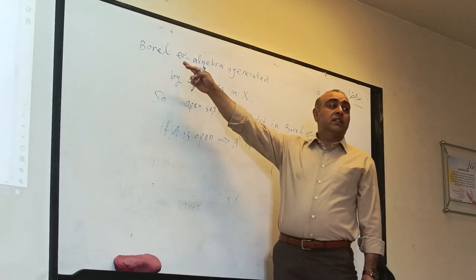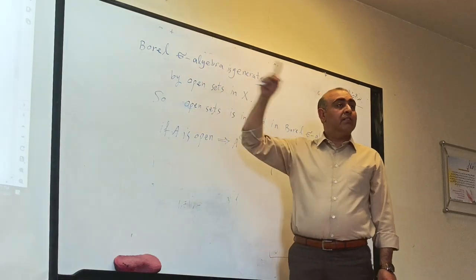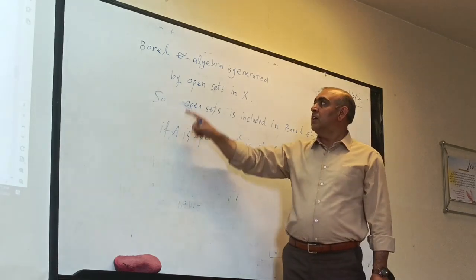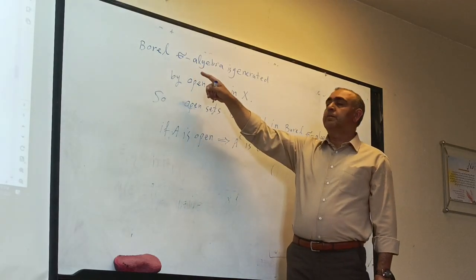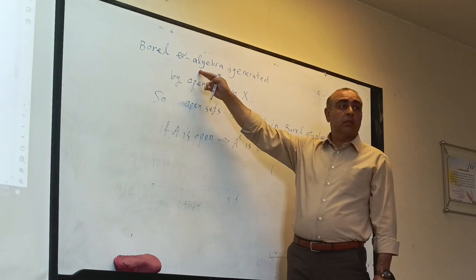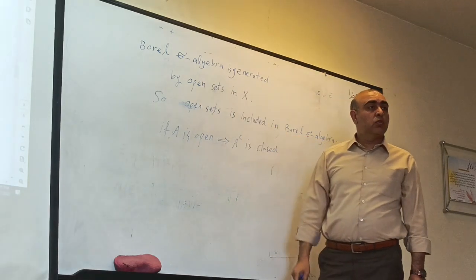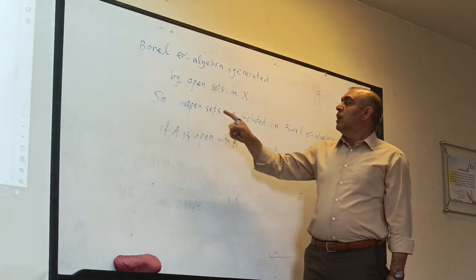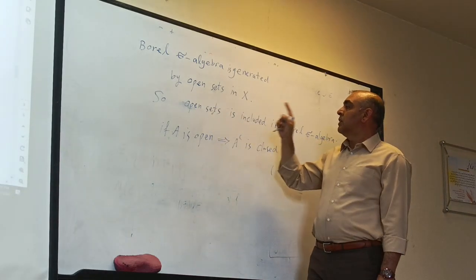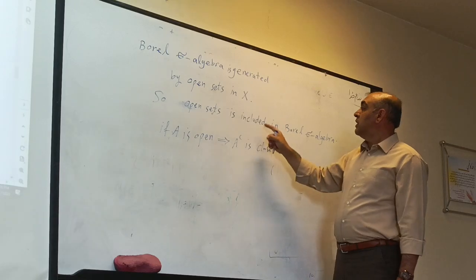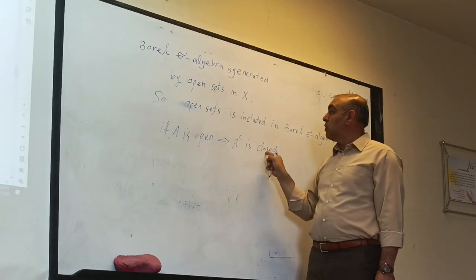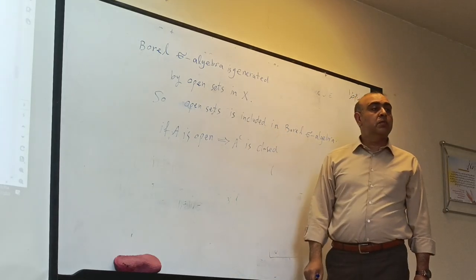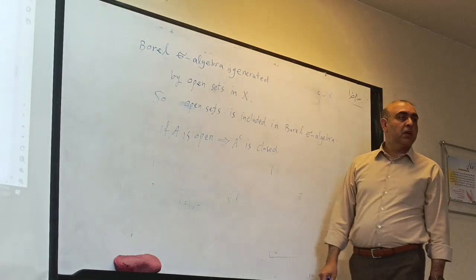A sigma algebra has this condition: if A is included in the sigma algebra, then A complement also belongs to the sigma algebra. Since open sets are included in the Borel sets, closed sets also belong to the Borel sigma algebra.